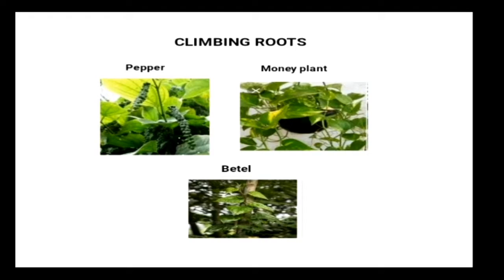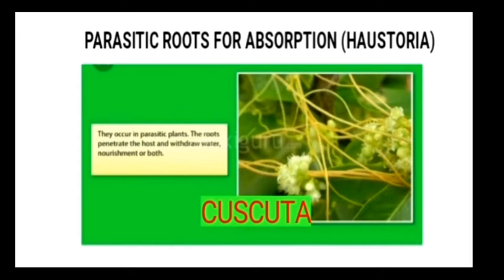In certain cases, the root helps the plant to climb. We can see climbing roots of pepper, money plant, betel, etc. Sometimes the root helps the plant to absorb food.